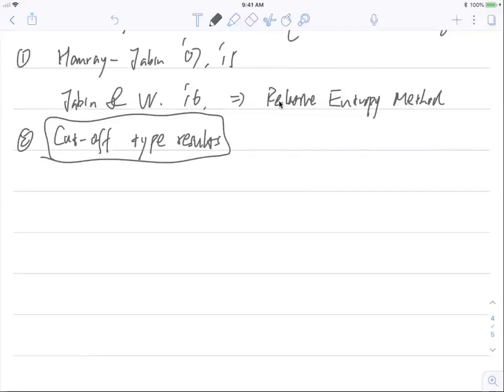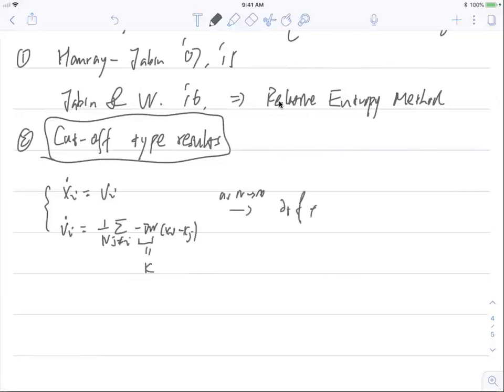So it's like this. Let's rewrite the second order system in the mean field scaling. As N goes to infinity, we use the kernel K to keep our notation short, and we will get the mean field equation in the limit.